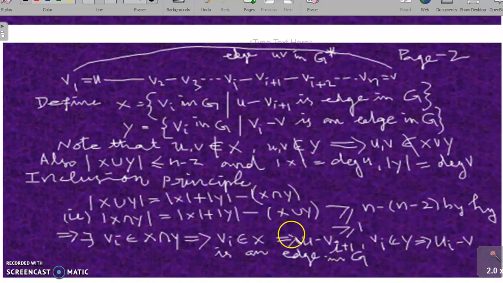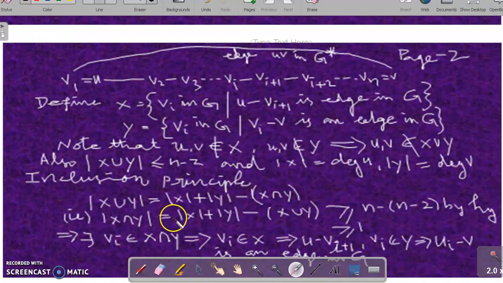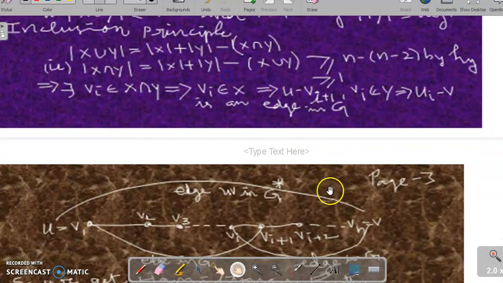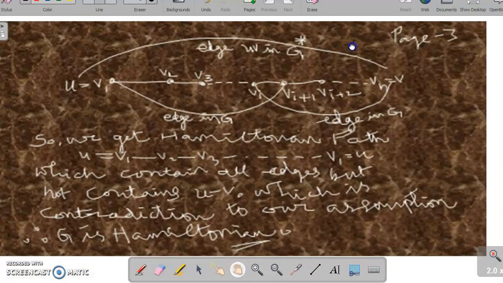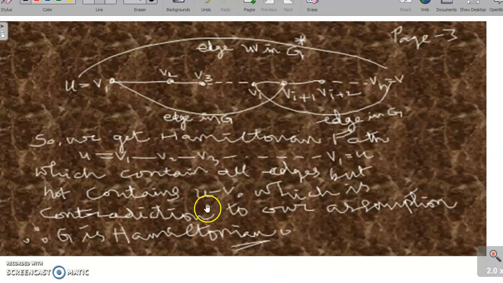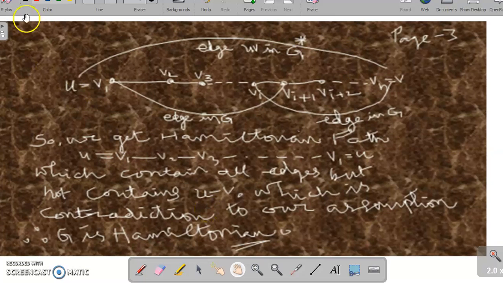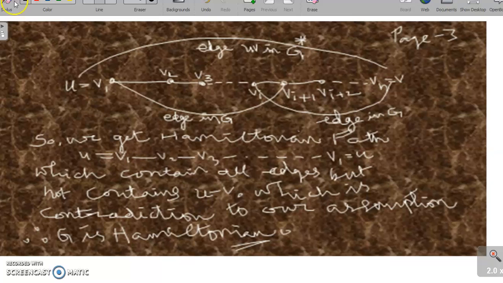Now I take the next page, and you will see the conclusion of this theorem, which will give you a very concrete idea about how these theorems can be proved. So now look at this picture.